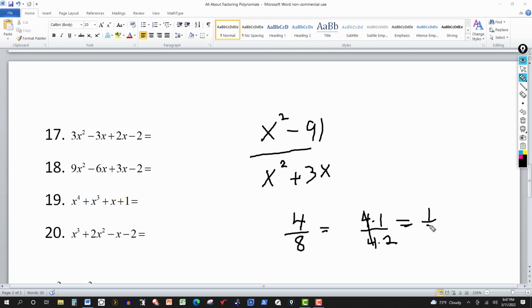And of course, you don't have to do this much. If you can see that 4 divides into 8, you can say, okay, 4 is half of 8. 4 over 8 is equal to 1/2. But sometimes with rational expressions, you can't always do that.